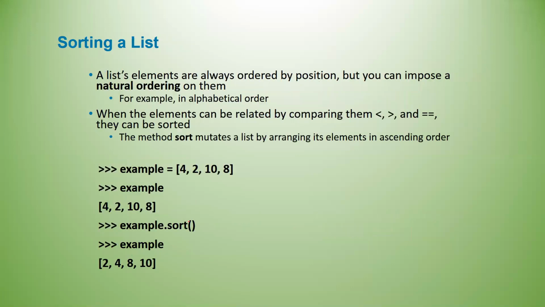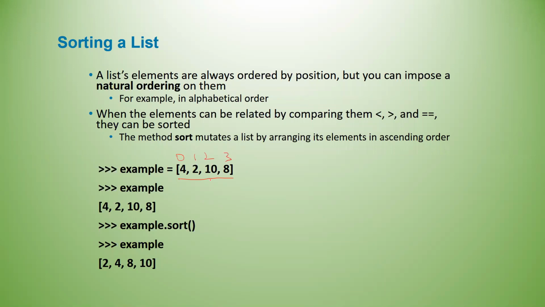And now sorting a list. Sort means putting things in order, arranging elements in order. A list's elements are always ordered by position, for example 0, 1, 2, 3.